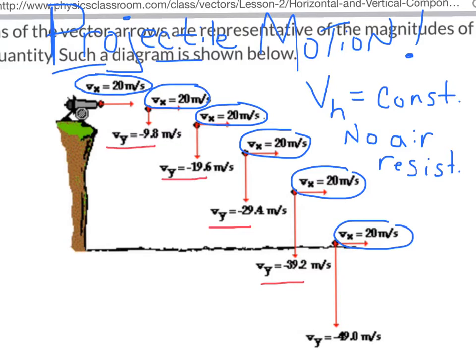After 1 second, the velocity is about 10 meters per second. After 2 seconds, about 20 meters per second. After 3 seconds, 30 meters per second. After 4 seconds, the vertical velocity is 40, and as you can guess, at 5 seconds the vertical velocity gets to be 50 meters per second.